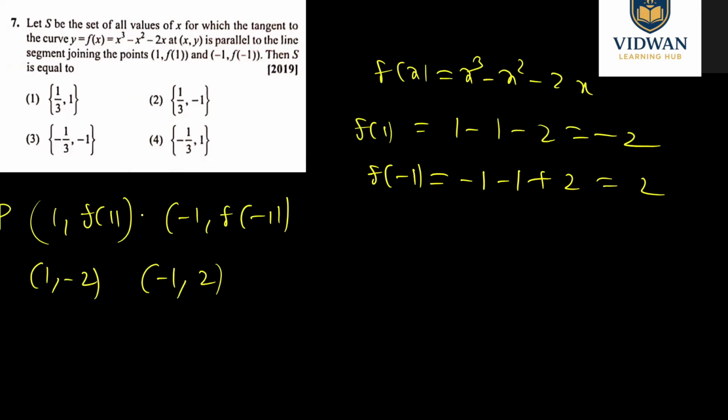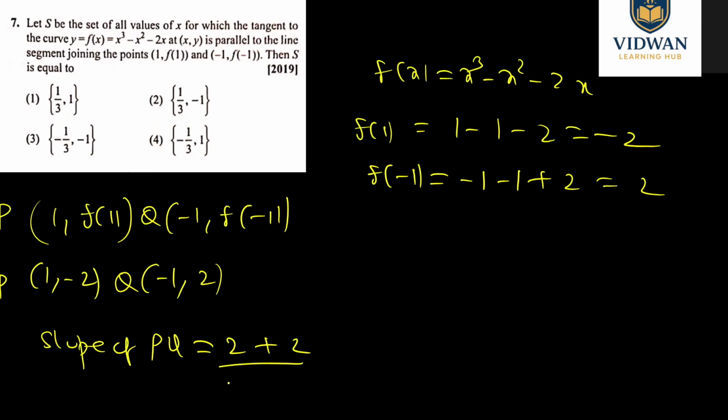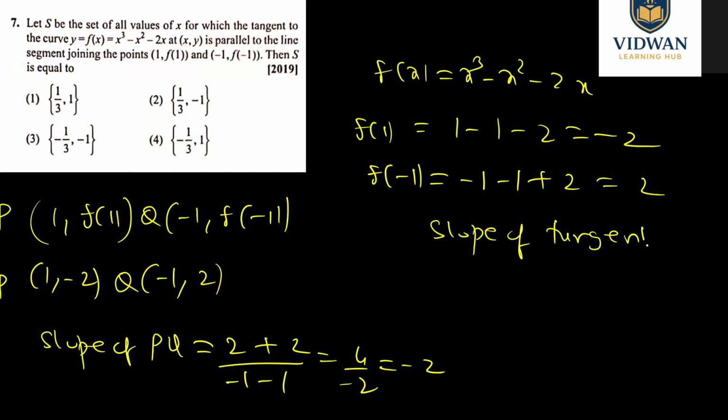If I name the points as P and Q, what is the slope of PQ? There should be difference in y coordinates 2 plus 2, but difference in x coordinates -1 minus 1. So 4 by -2, this is going to be -2. Since the tangent is parallel to this line, slope of the tangent should be equal to -2. And how do you write the slope of the tangent? You find the derivative f dash x here.